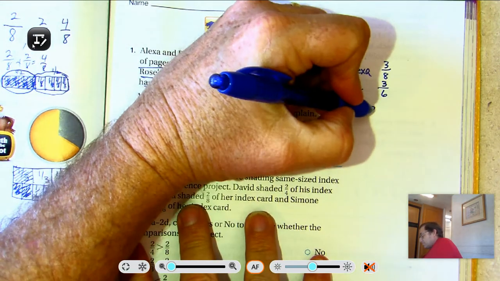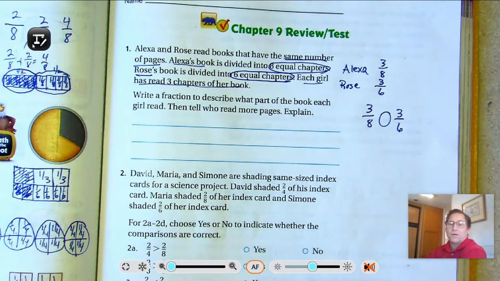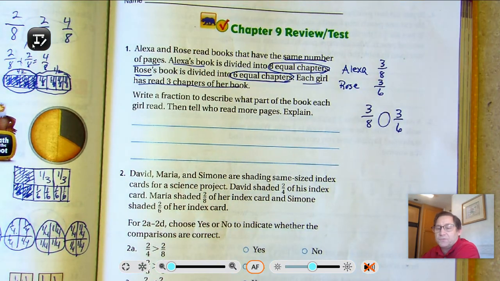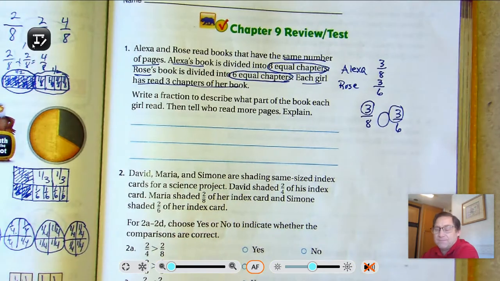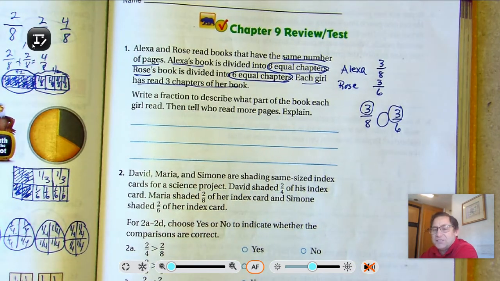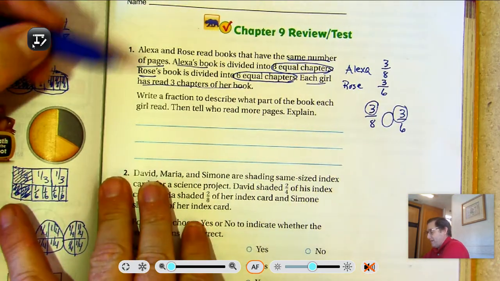So we're comparing those two fractions. And I notice that the numerators are the same. So what strategy can I use to compare two fractions? Well, this would be the same numerator strategy.